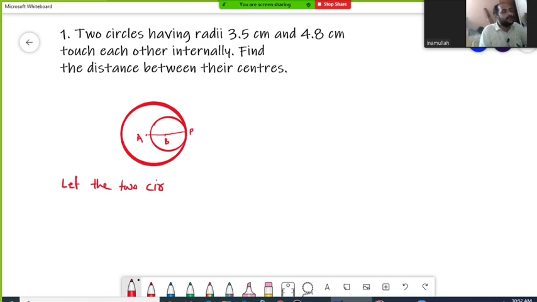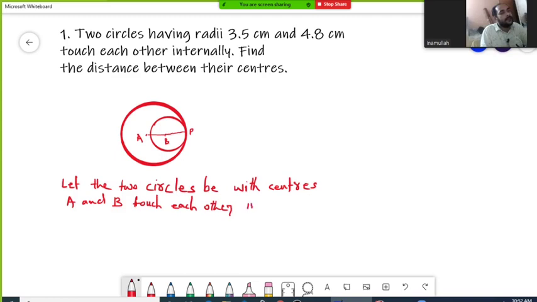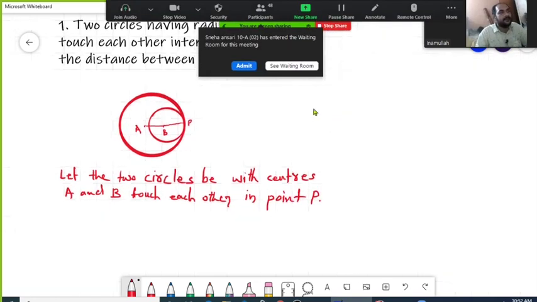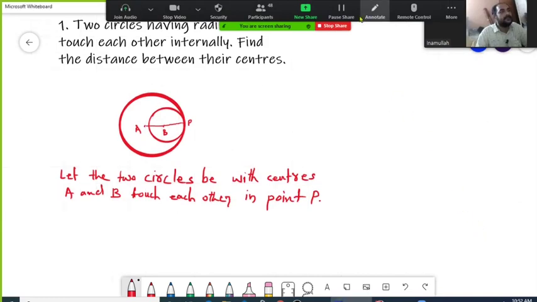So let two circles be with centers A and B, touch each other in point P. So point P is the common point of contact for both the circles.